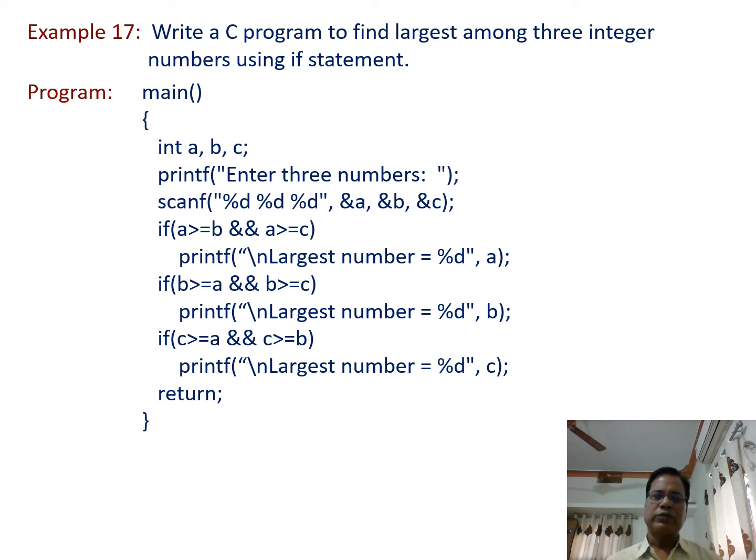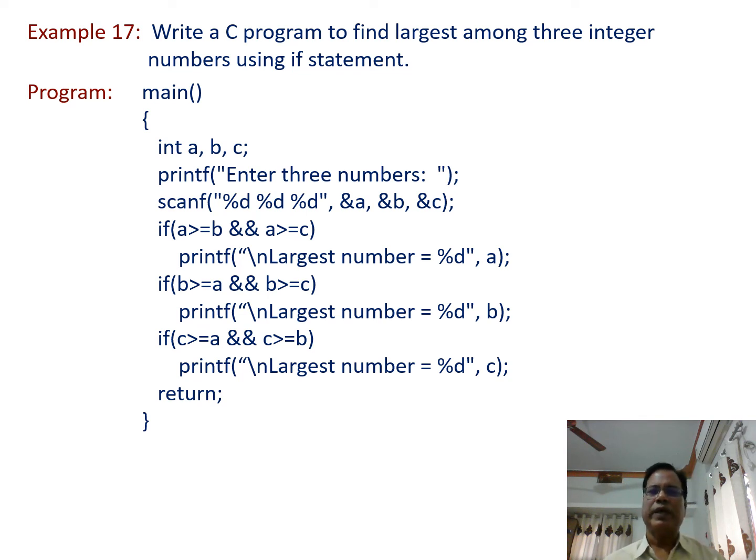And when it's true, naturally the largest value is going to be c. That is printed by the printf statement: largest number equal to the value of c gets printed at this point.